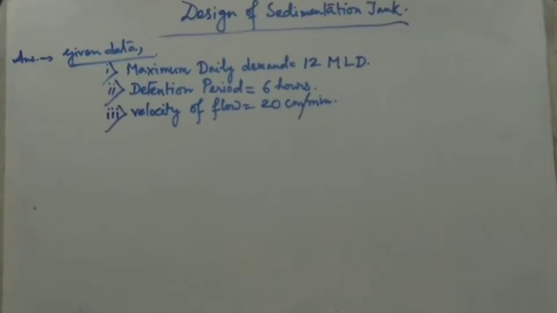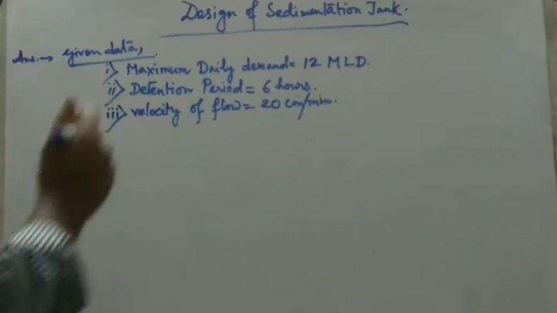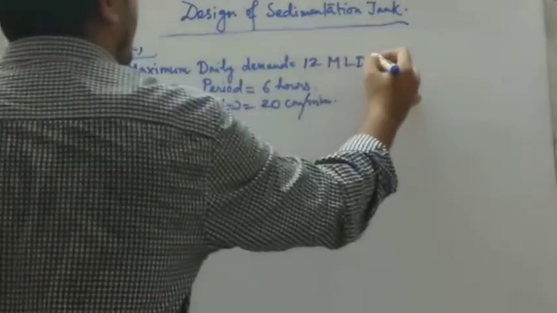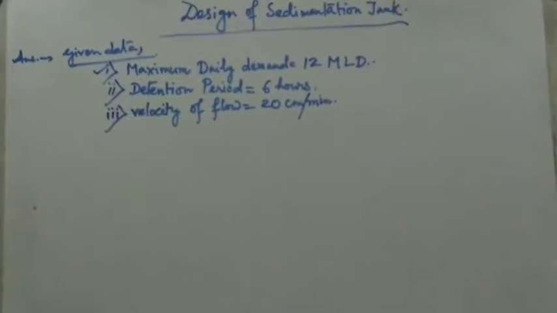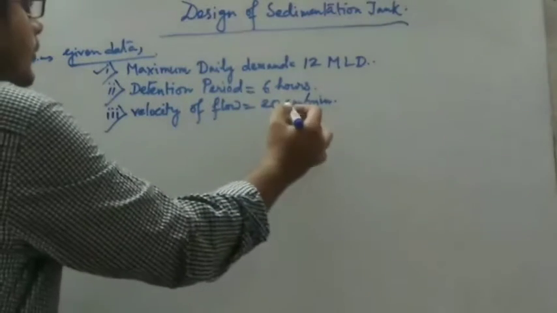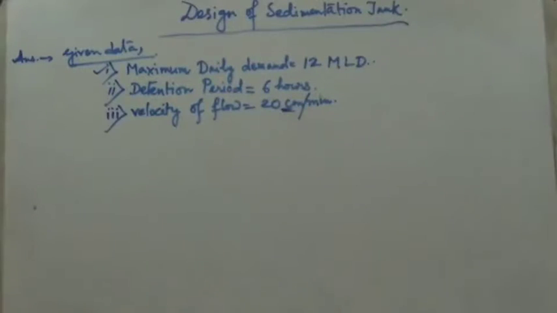So first of all, we have to convert this maximum daily demand in liter per day, or rather meter cube, because here the velocity is 20 centimeter per minute.